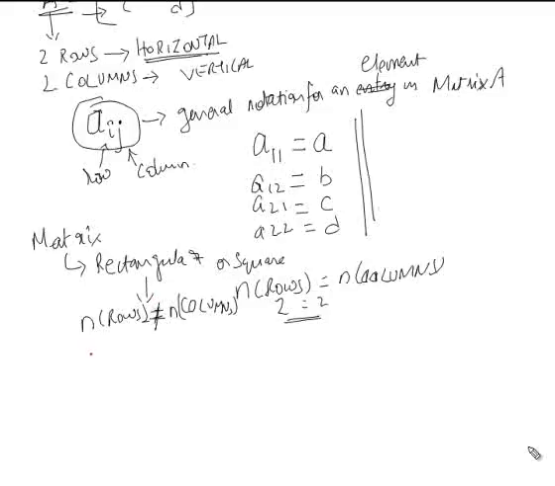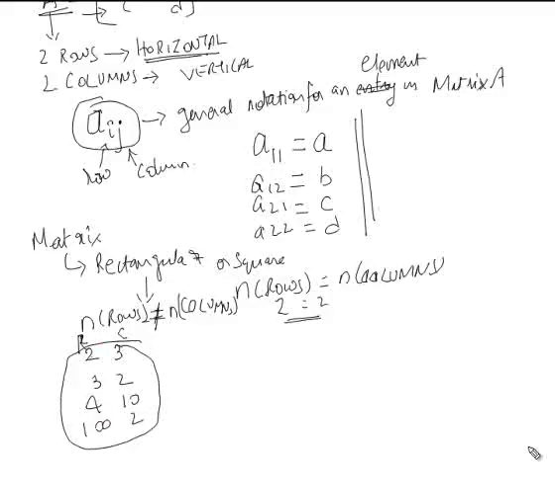That means I can have a matrix with 2 rows 3 columns, 3 rows 2 columns, 4 rows 10 columns, 100 rows 2 columns. Anything is possible. This is rows, this is columns. All are matrices.